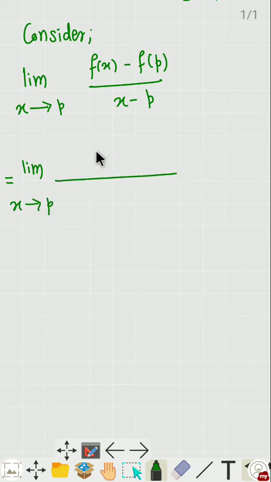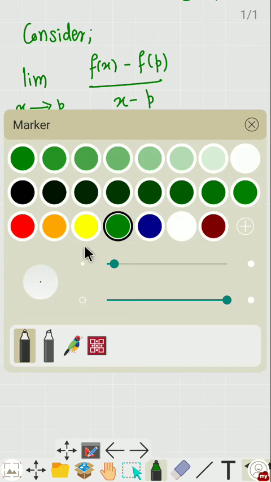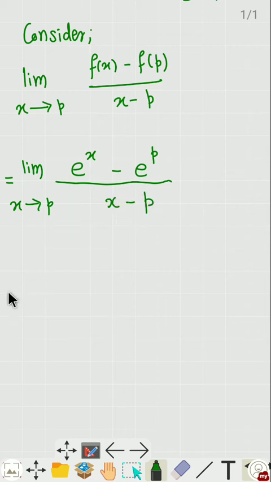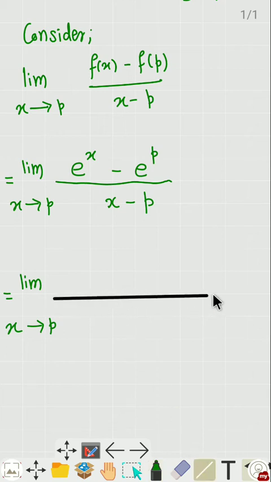So what is f of x? f of x is e raised to the power x, minus f of p which is e raised to the power p, whole divided by x minus p. It is equal to limit as x tends to p, and now we simplify this numerator and denominator.